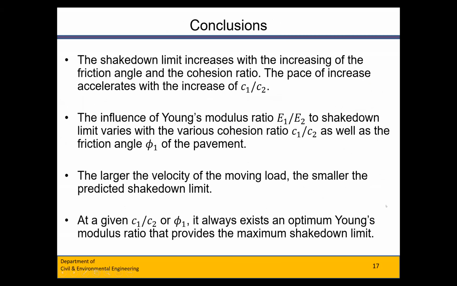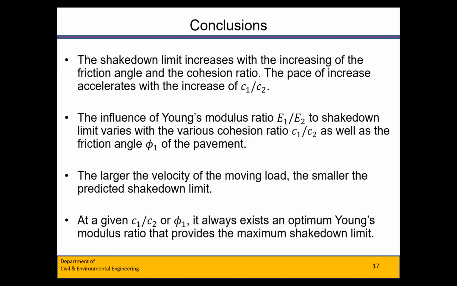Okay, here are our conclusions. Firstly, the shakedown limit increases with the increasing of the friction angle and also the cohesion ratio. The pace of increase accelerates with the increase of cohesion ratio C1 over C2 here. Secondly, the influence of Young's modulus ratio E1 over E2 on the shakedown limit varies with the cohesion ratio as well as the friction angle of the pavement.